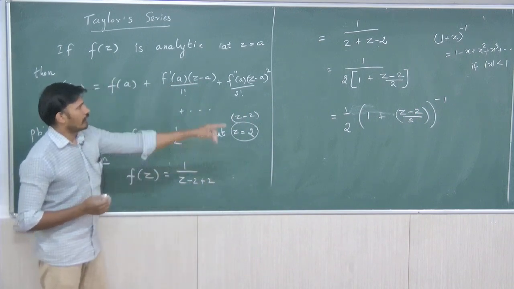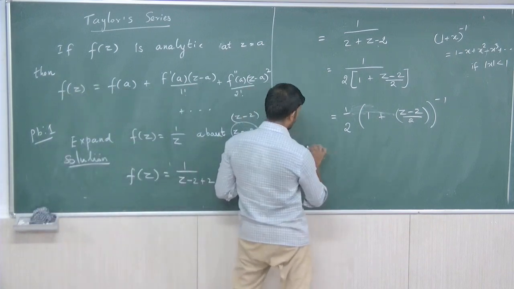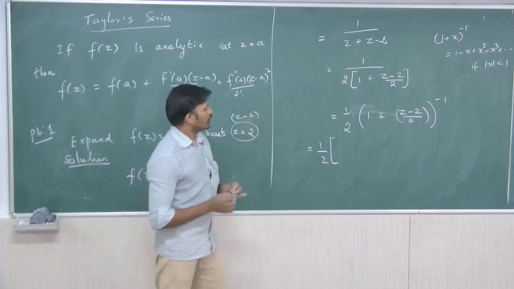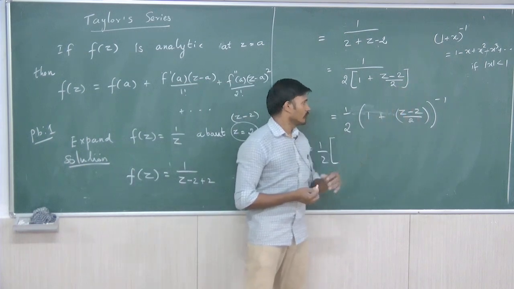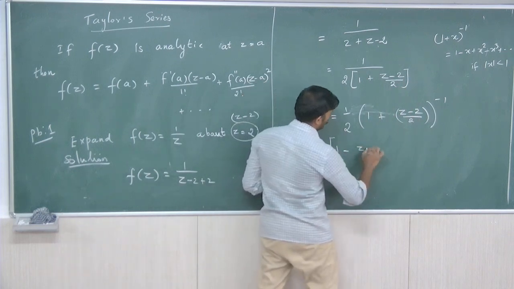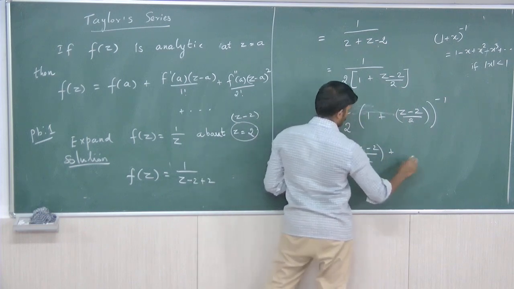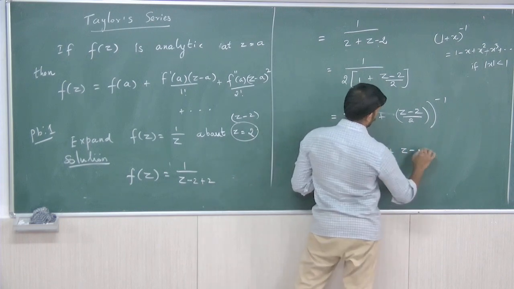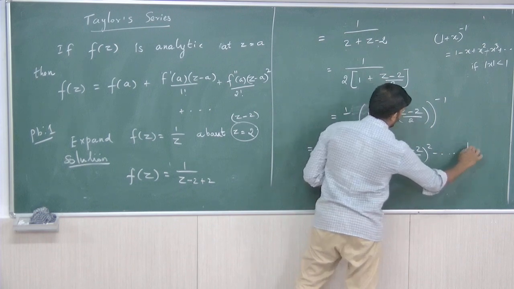So for that, now I am going to apply this formula. If you apply, you get 1 by 2, with this value as x. So you can substitute, you get 1 minus z minus 2 divided by 2 plus z minus 2 divided by 2 whole square minus and so on.